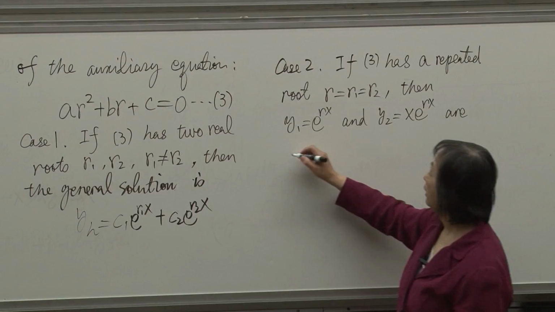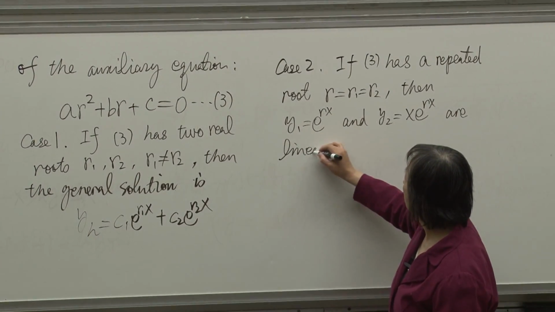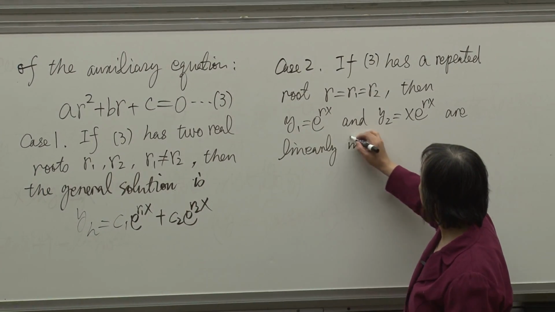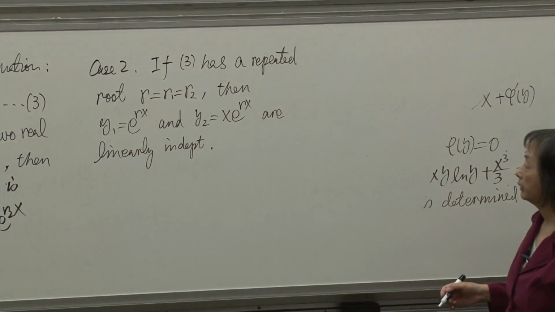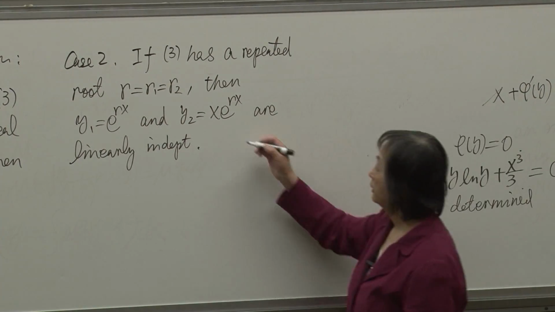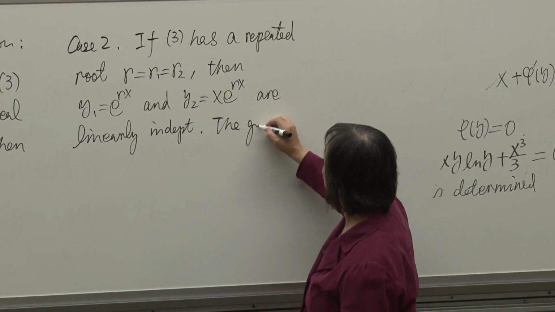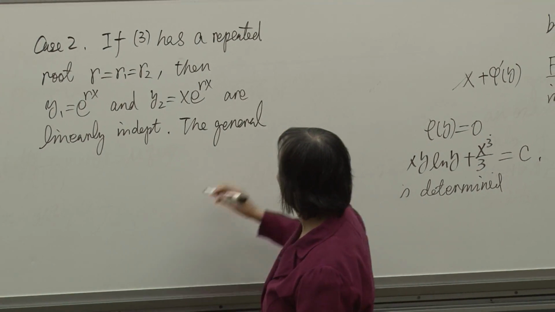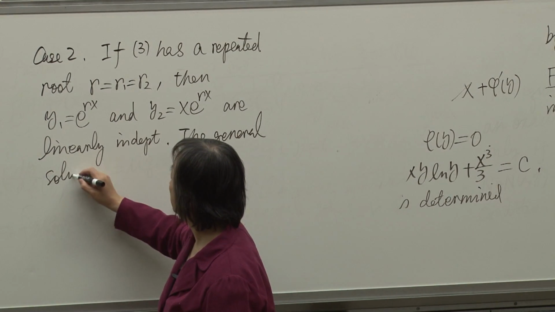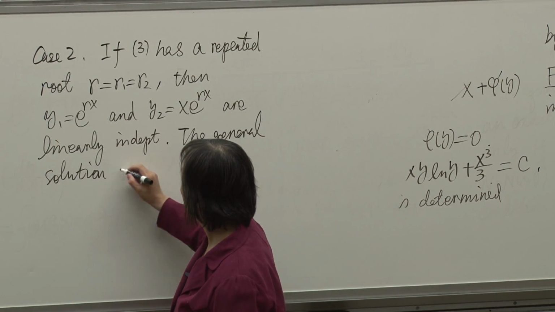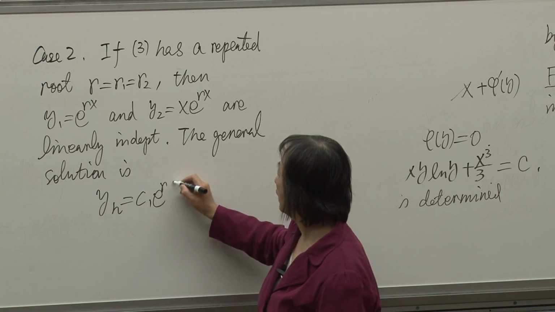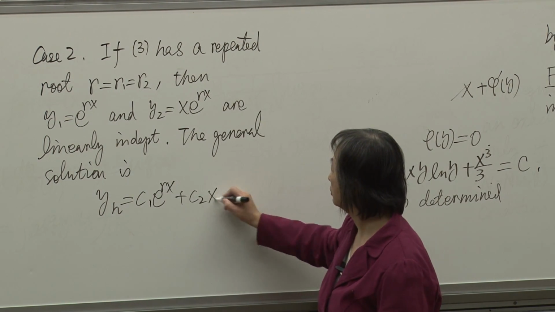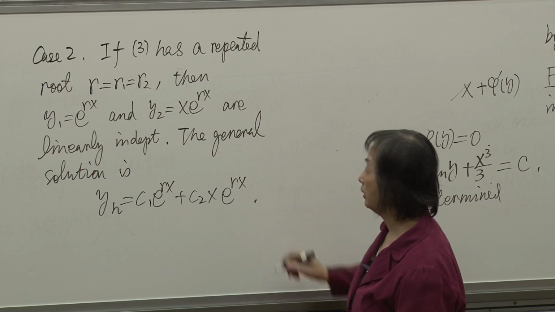Apparently, they are linearly independent using the quotient criterion. So the general solution is their linear combination. y_h is c1 e^(rx) plus c2 x e^(rx).